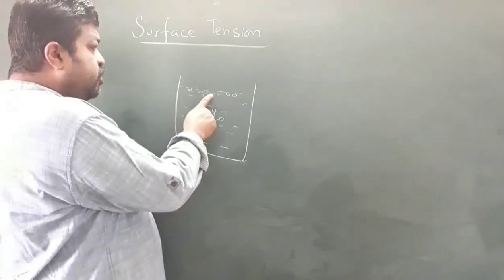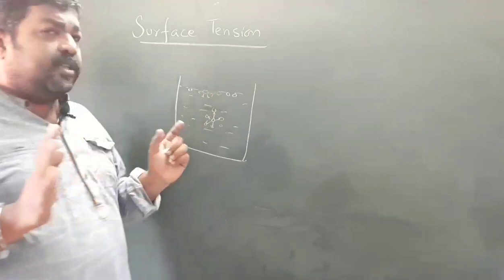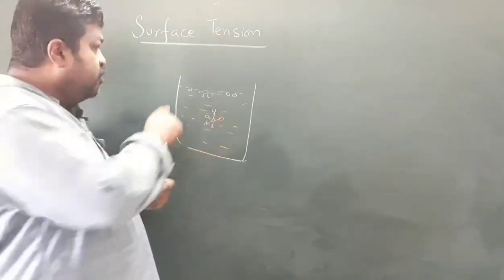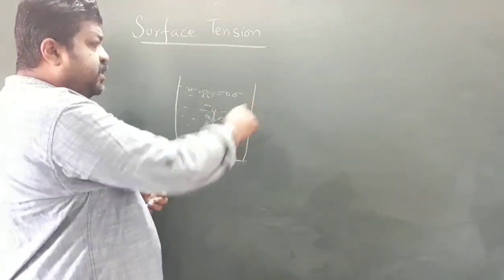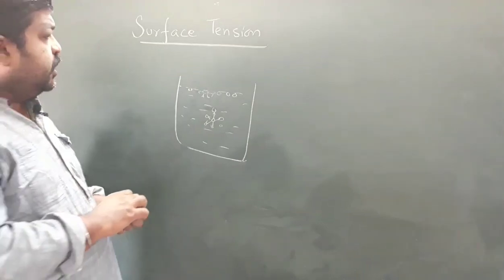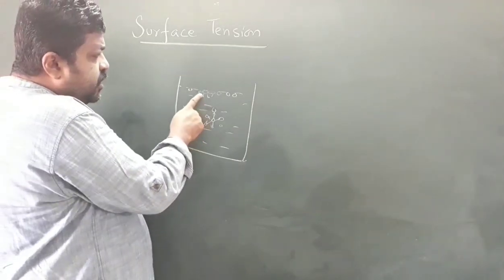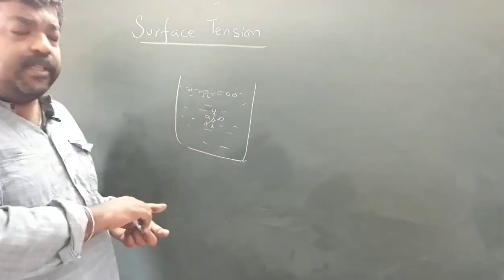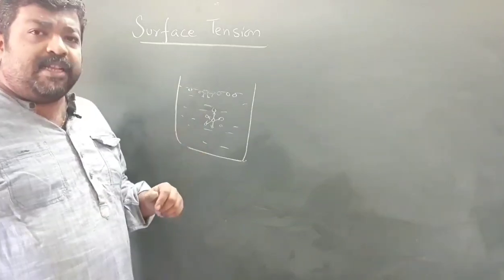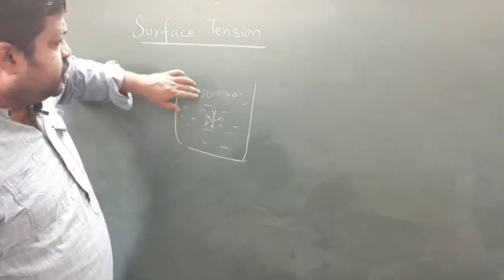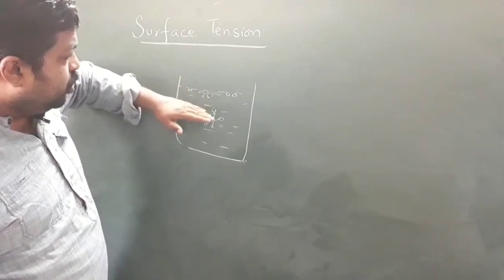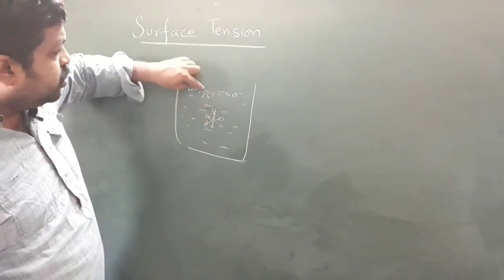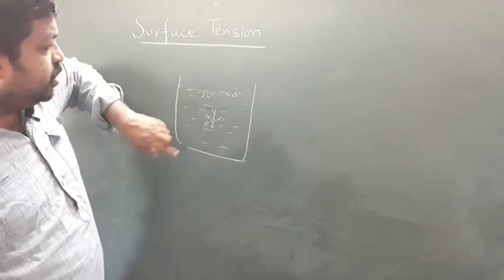So these liquid molecules are interacting basically with the surrounding liquid molecules and also with the molecules of the vessel. That means these molecules are acted upon by an unbalanced force. There is a force from the sides, there is force from below, but there are no liquid molecules above these molecules.